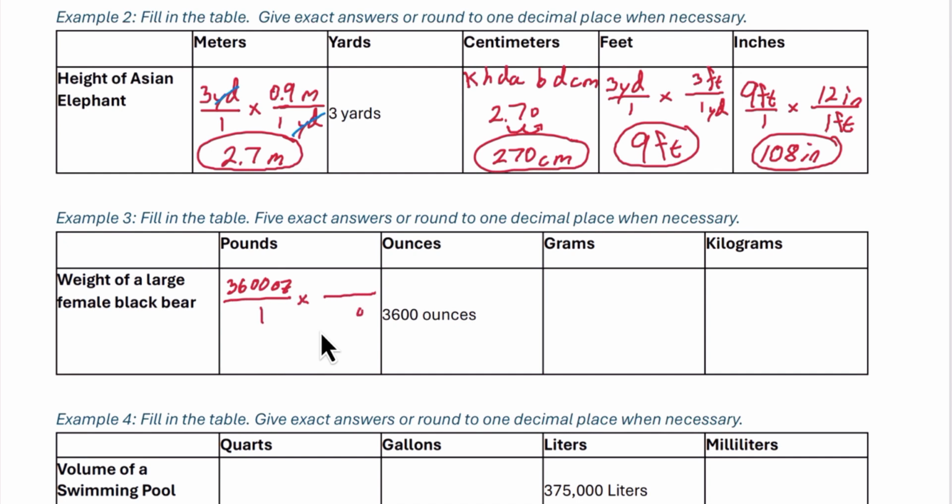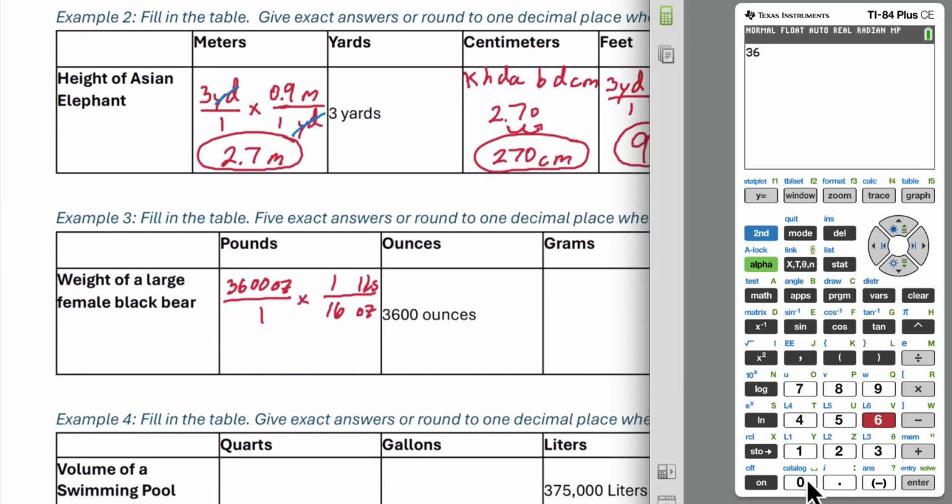We want to convert ounces to pounds. 1 pound is 16 ounces. 3,600 divided by 16 is 225. And the units, pounds.